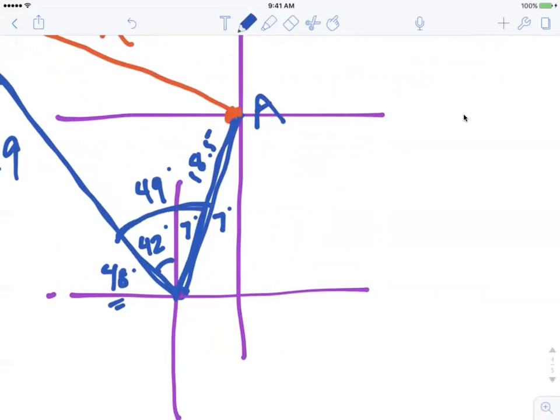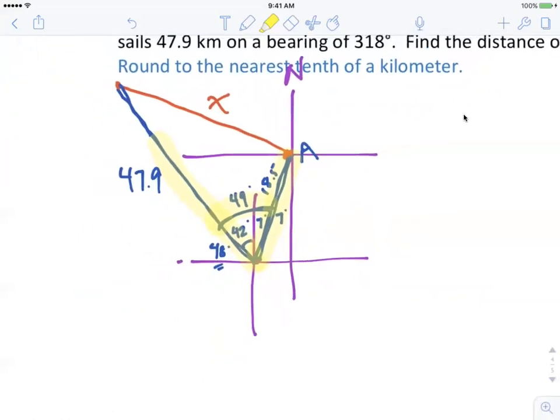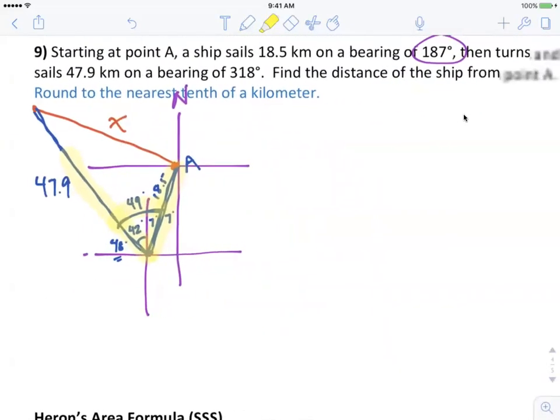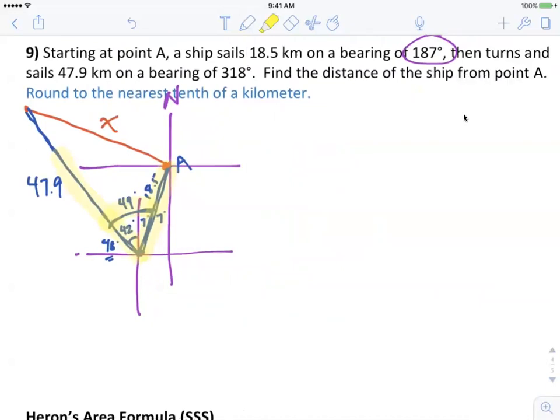That's law of cosines. Anytime you have side, angle, side, start with that side that's unknown, the x, squared. That should equal each of the sides squared, added together, almost like the Pythagorean theorem.